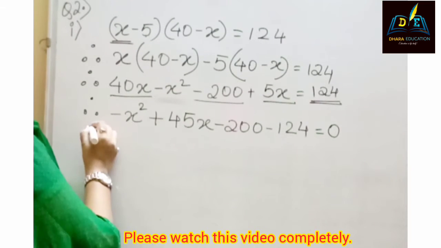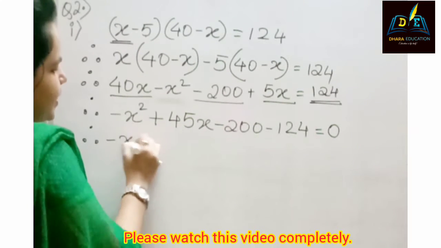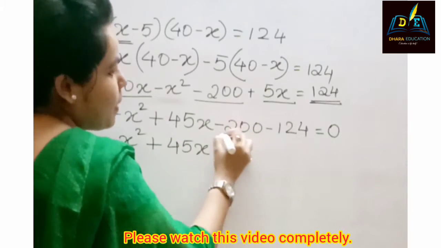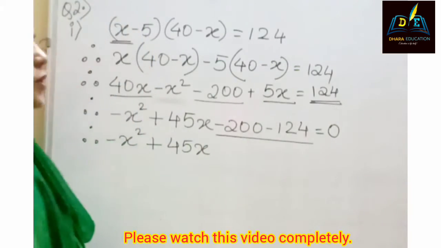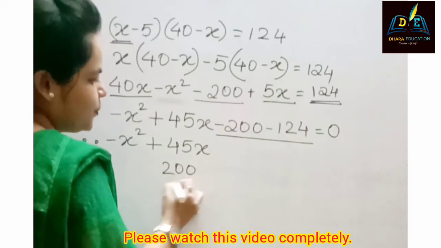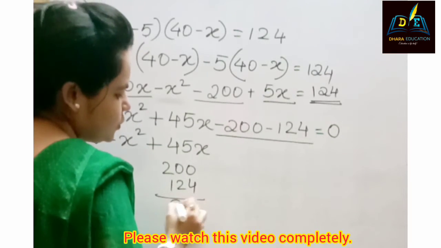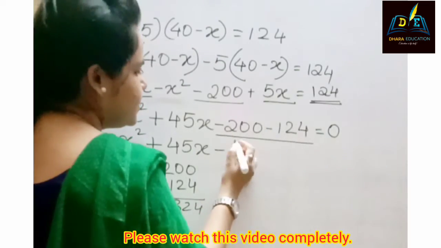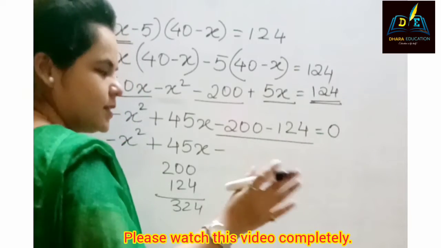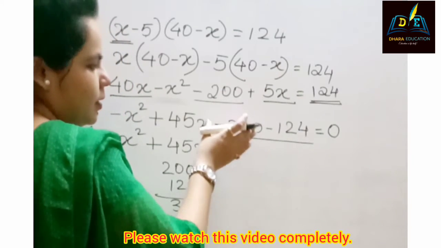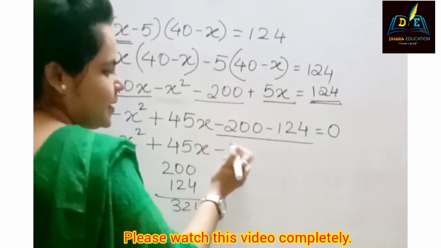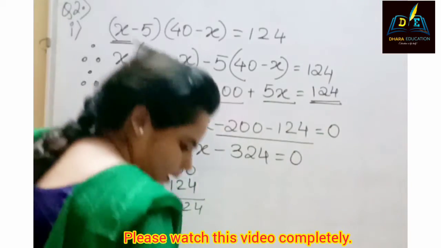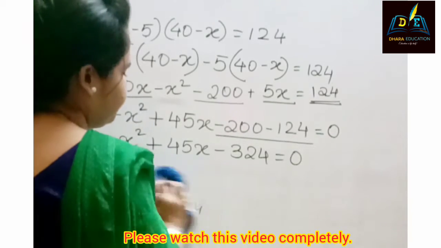Now students, minus x square plus 45x minus 200 and minus 124 will give you minus 324, because minus minus gives a sum with the higher number's minus sign. So we write minus 324 is equal to 0.